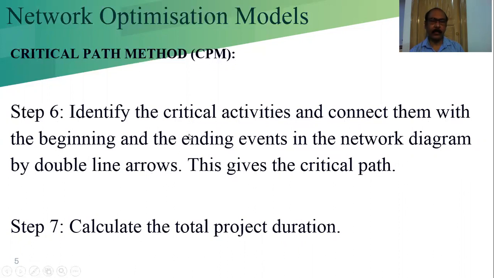We already learned that on the critical path the E value and L value are the same, that is, the total float is equal to 0. So you have to mark the activity where the total float calculation is 0 as being on the critical path. Those activities in the critical path we mark by a dark line. And those events that lie on the critical path are the critical events.